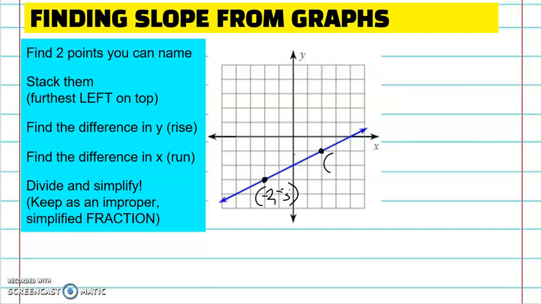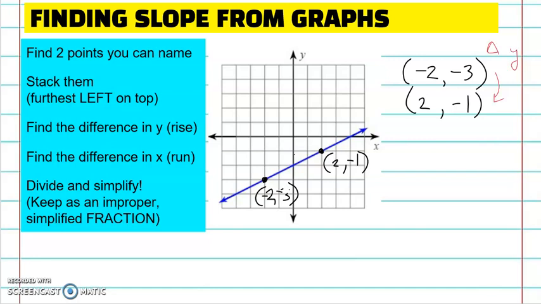And then this one is 1, 2 for the x, and down 1 for y. So I stack my points. So we have -2, -3, and then we have 2, -1, and then it's time to find the changes. Over and over and over.